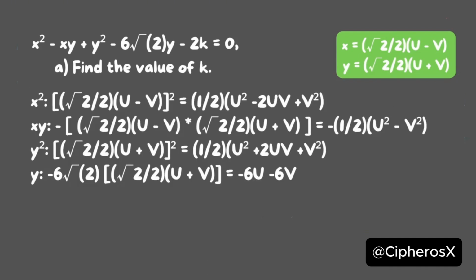This looks like a mess in the presentation, but I want to show you how to actually organize it to not get confused in this process. Basically, I set a table, or just a space apart, where I solve individually for the x squared, the y squared, then the linear x and the linear y.